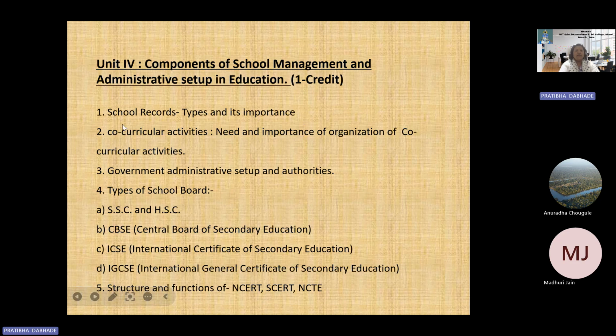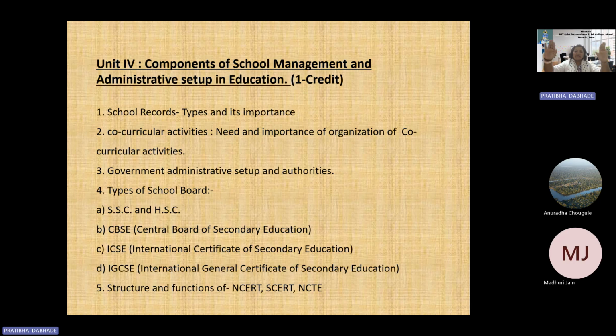So in detail, we are going to study the school records, their types, and why it is important to maintain the records. Then next is co-curricular activities, the different kinds of co-curricular activities, why there is a need and importance to organize the co-curricular activities at the school level. Then you can see here the school management, how actually it runs, right? So government administrative setup, you all know that basically the policy framing is done at the central level, at the national level.